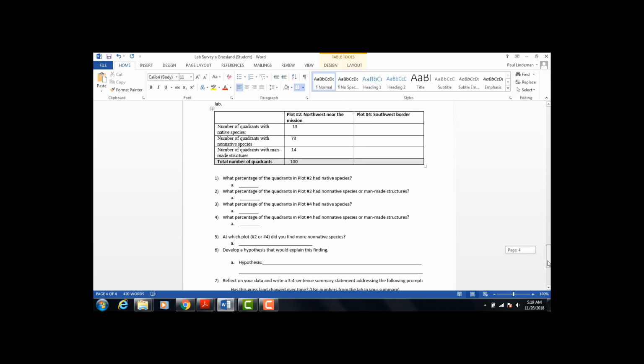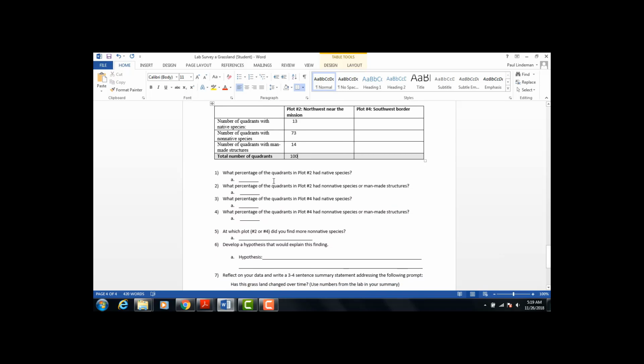Then you would come down and answer the questions. What percentage of the quadrants in plot 2 have native species? And again, since this is 13 out of 100, it would just be 13%. And the same thing for what percentage of the quadrants in plot number 2 are non-native, and so that would be 73%.